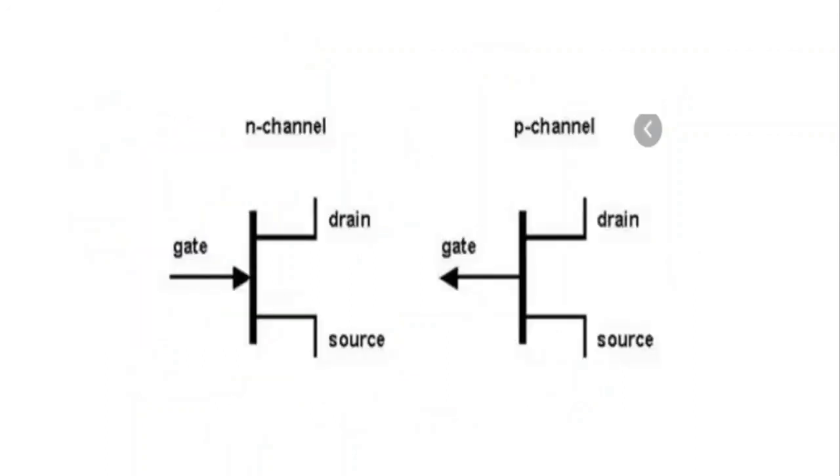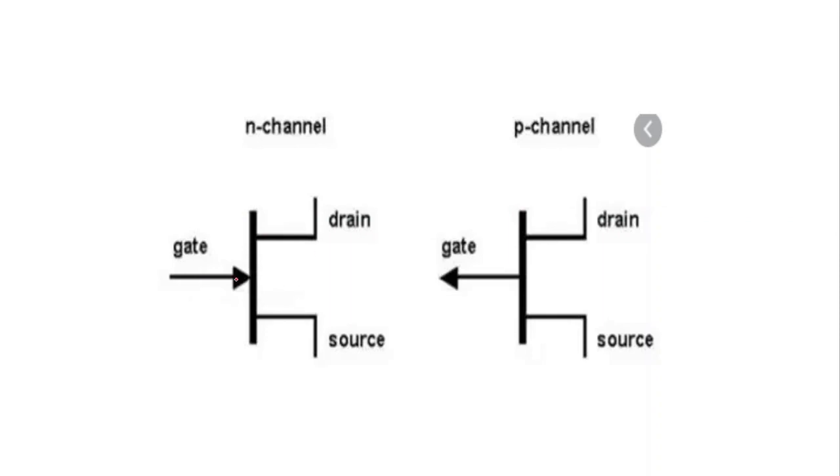Next are the symbols of the junction field effect transistor. As I mentioned earlier, the arrow always points from P to N. If you look at the first one, the N channel, the arrow is moving towards the channel.